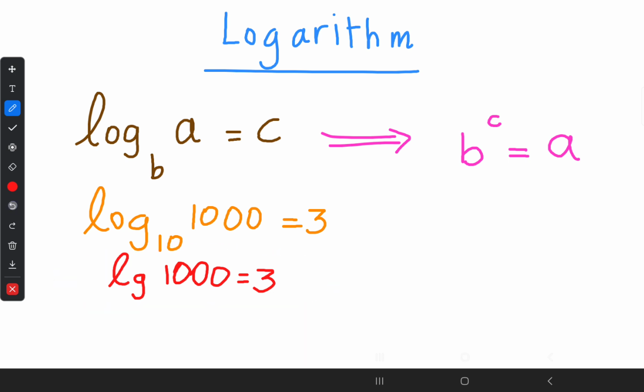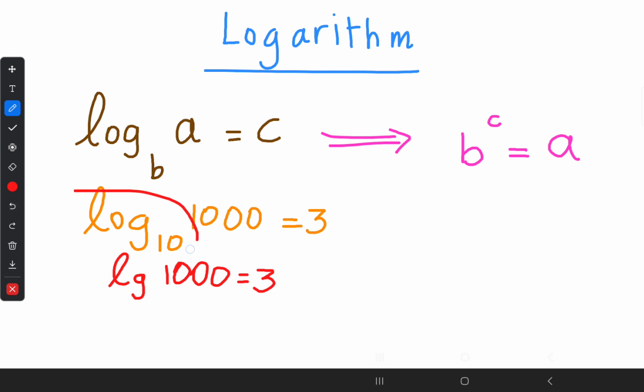At that time, don't be confused. Without any base, how can we convert this one to index notation? The important thing is, if the base is 10, they will denote it this way. Think of it like this: the 10 is cut off, so we have only log, and instead of log we have lg 1000.